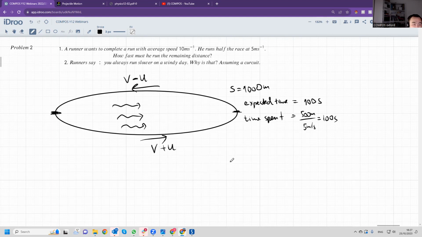So you run at 4 meters a second, 4 meters a second. And when you're going to the right, the wind helps you by 1 meter per second. And when you run back, it's 4 meters per second minus 1 meter per second. In this case, we can use something called the extreme case scenario.